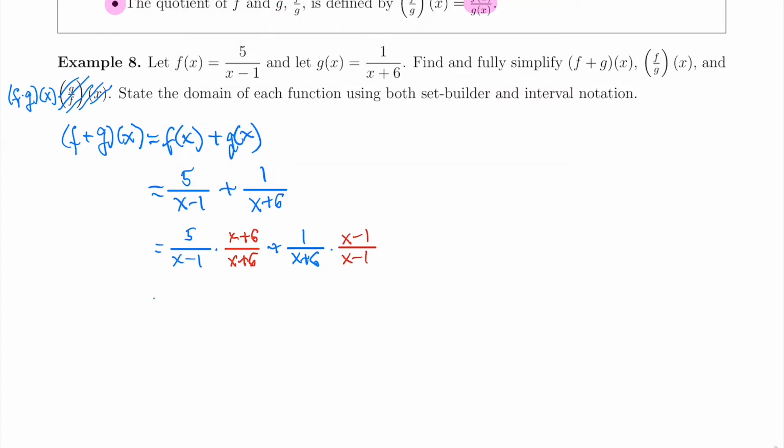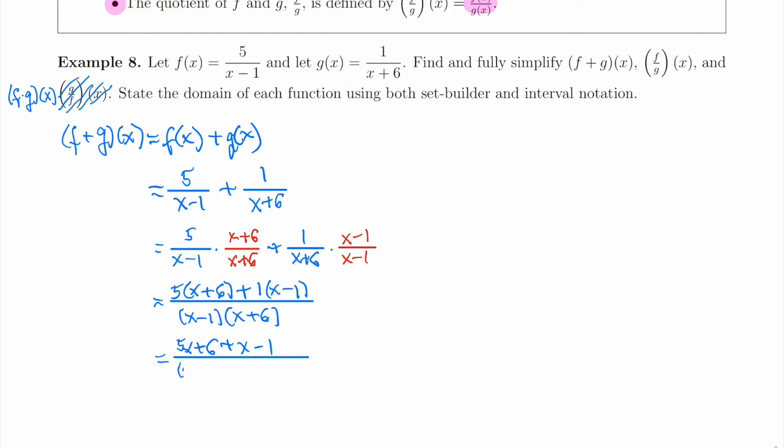So now we can write everything on one denominator. So we get 5 times x plus 6 plus, I'm going to write that out once, 1 times x minus 1. And then our denominator will be x minus 1 times x plus 6. And then I distribute the numerator to get 5x plus 6 plus x minus 1.